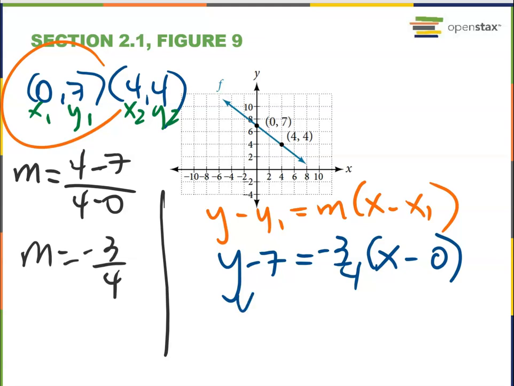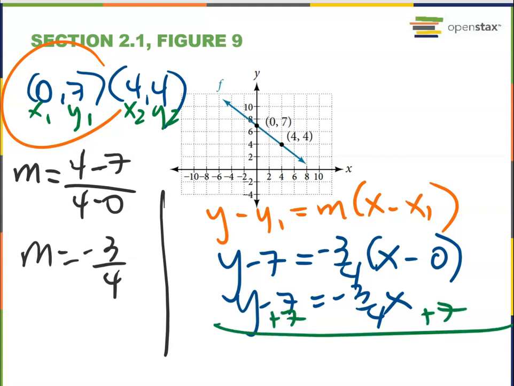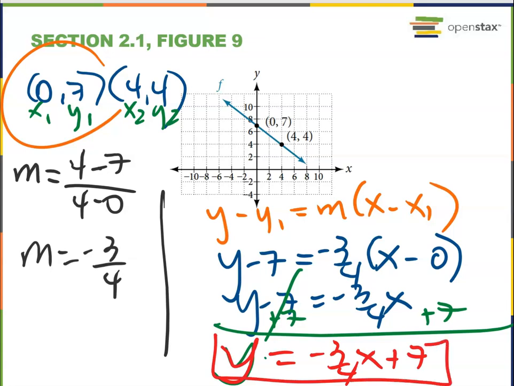So when you distribute, negative 3/4 times 0 is 0. And then add 7. So y is equal to negative 3/4 x plus 7. Easy, right?